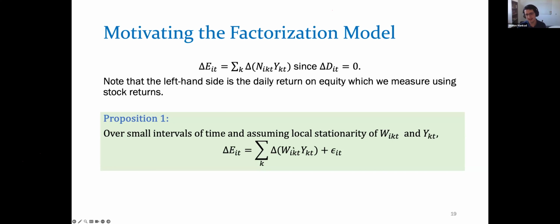And then again, I'm not actually going to show the proof or explain proposition one too much, but there's an argument to be made that once debt cancels out, you can replace N, which is the number of shares, by W, which is that percentage. So now W_ikt is literally the percentage that you own in cash, the percentage you own in bonds, percentage in stocks, and so on and so forth.